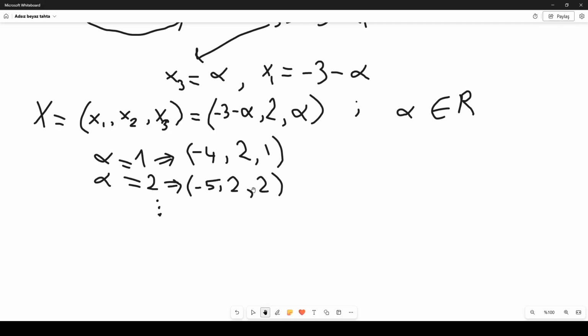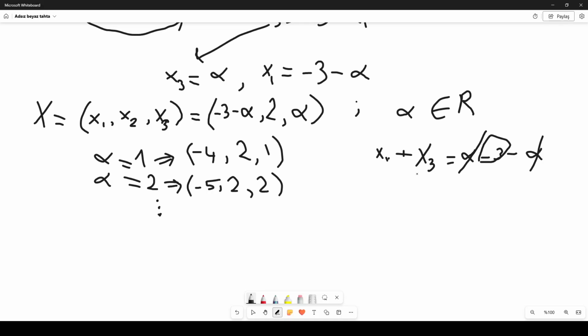As long as the sum of the first unknown variable x1 and the last unknown variable x3 is minus 3, in other words, when I sum them up, I get minus 3 plus alpha plus alpha, wait, minus 3 minus alpha plus alpha, and since the alphas cancel out, we get minus 3.